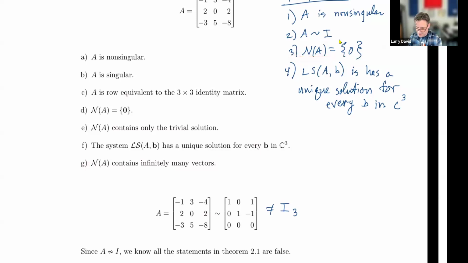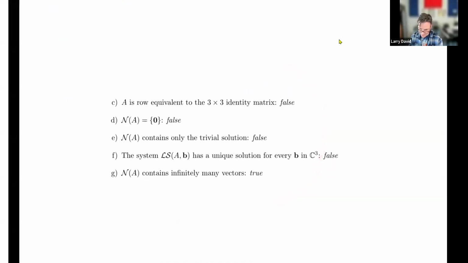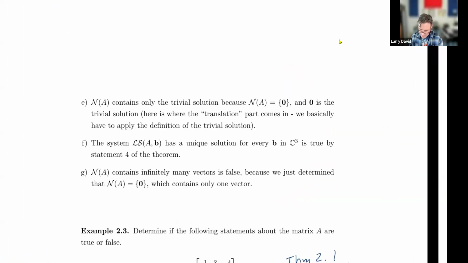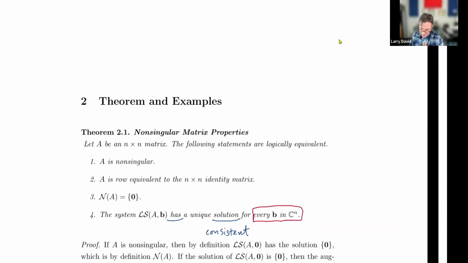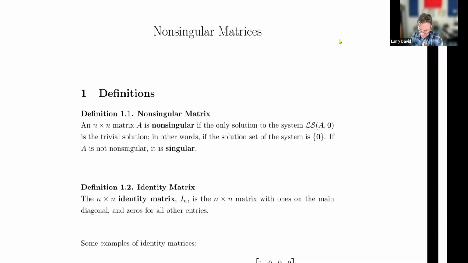In other words, it is not possible that the null space is the empty set because every homogeneous system has the trivial solution, so the solution set is never empty. Okay, and that's all summarized here in the notes. So that is some information about non-singular matrices that will be very helpful going forward.